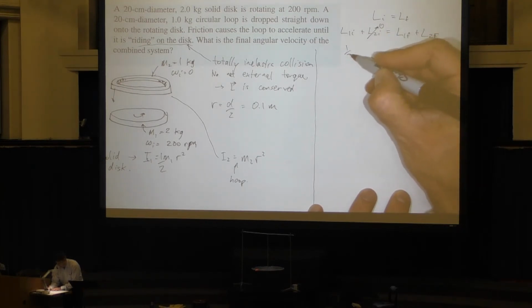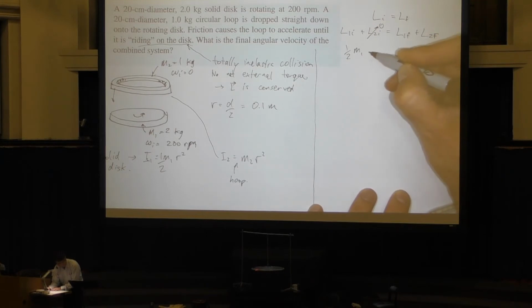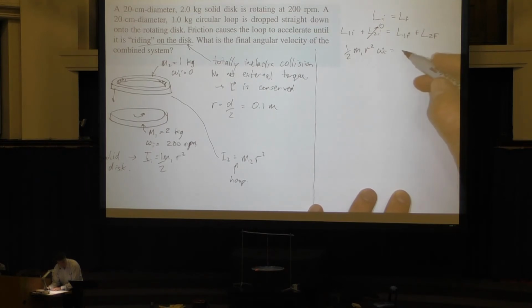So you've got 1/2 M1 R squared times omega initial is equal to 1/2 M1 R squared omega final, plus just M2 times R squared omega final, because they're both stuck together.